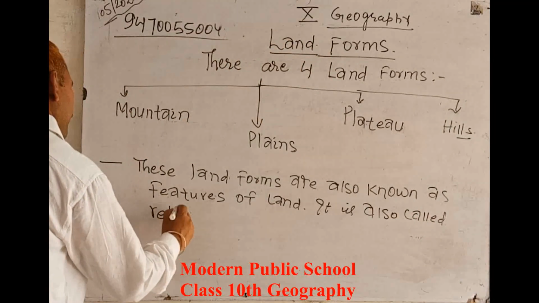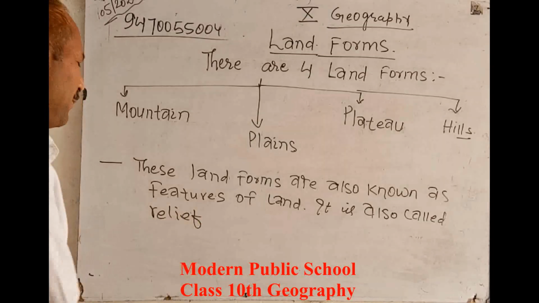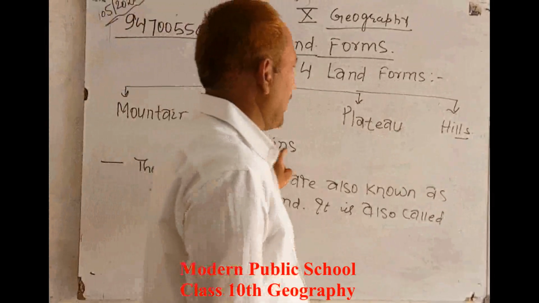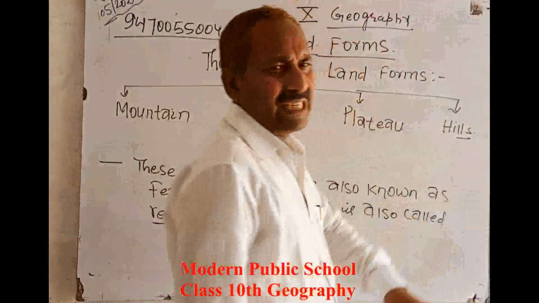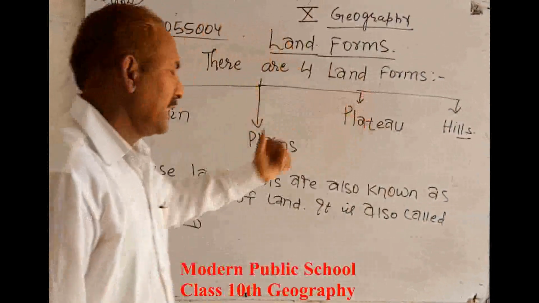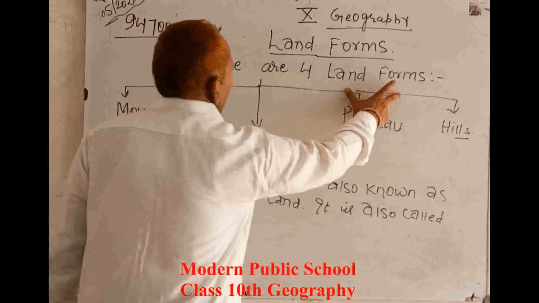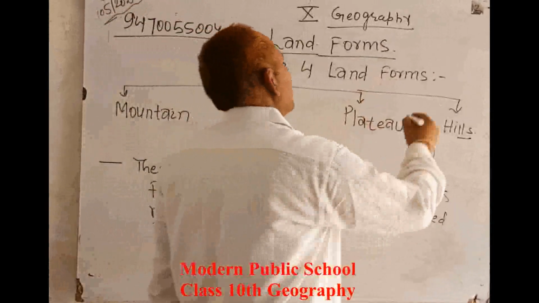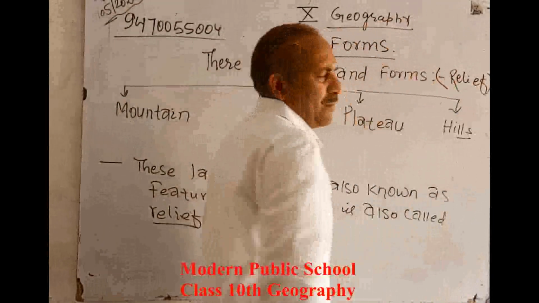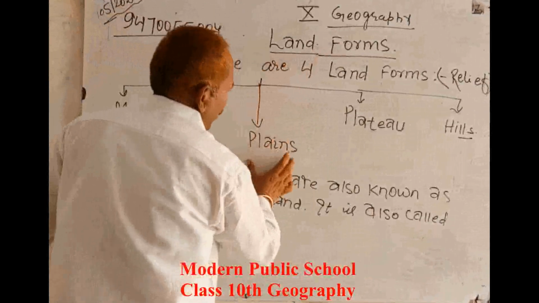Okay, it is also called relief. ये relief भी कहलाता है. Mountains, plains, plateau and hills, these are the four forms of land. And landforms को ही हम क्या बोलते हैं? Relief बोलते हैं. Okay, relief means the features of the land. अब landforms ये four हैं.